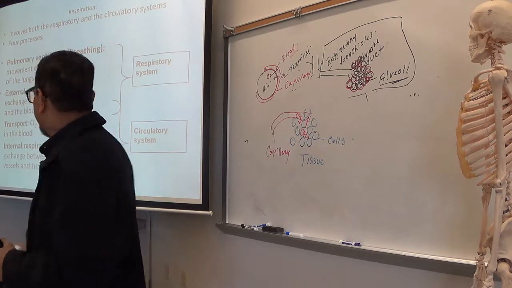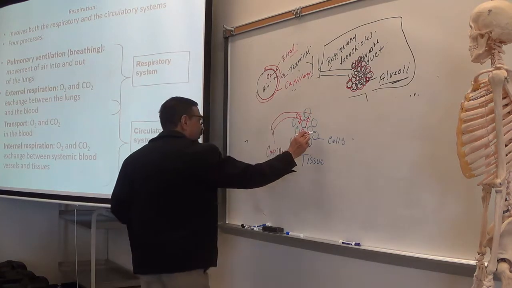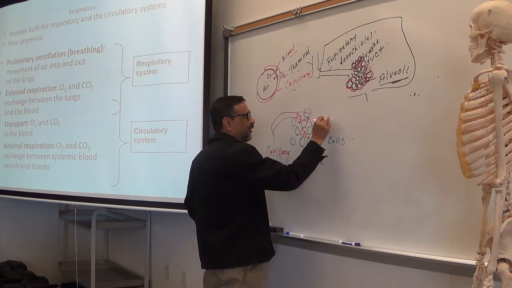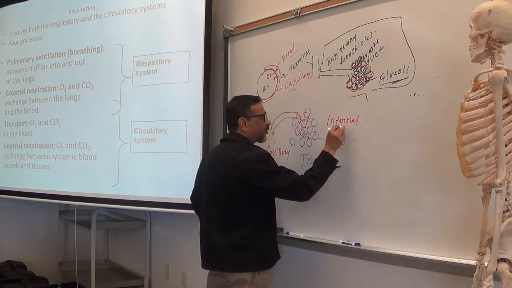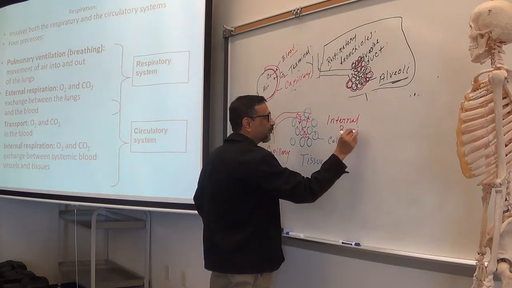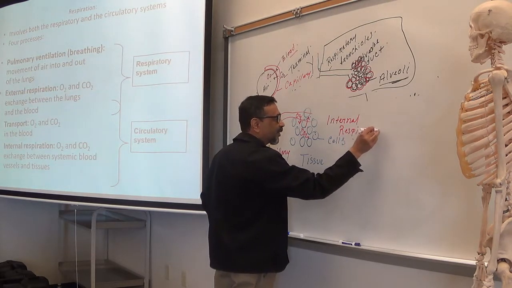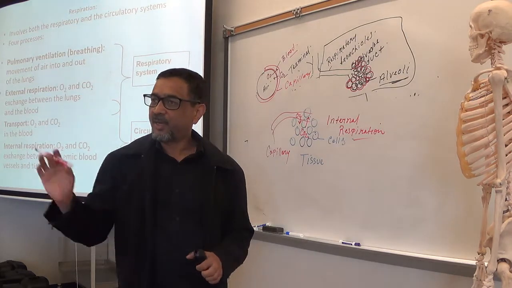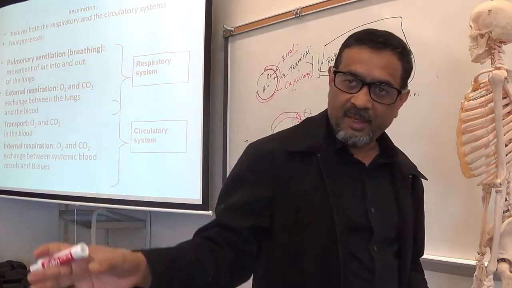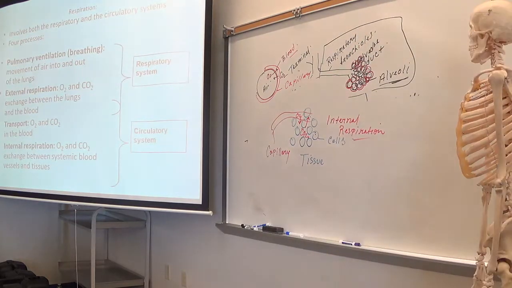So what happens in the tissue here is called internal respiration. Just write it down, in the tissue. External is in the lung, gas exchange in the lung. Internal is gas exchange in the tissue. And you already know what happens in the lung and what happens in the tissue.